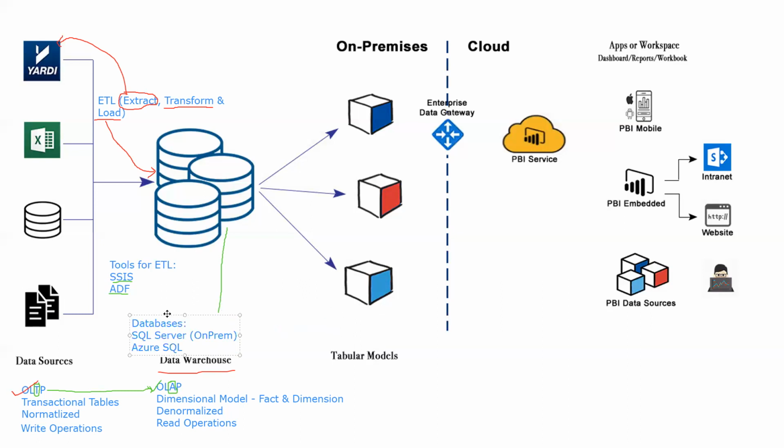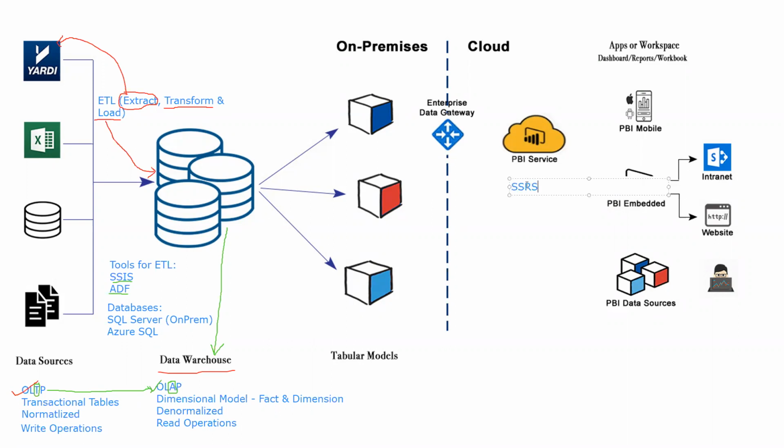So these are the two databases we have along with the ETL. Now we have SSRS, which is used for doing the reporting. Before Power BI, we used to have SSRS for doing the reporting.